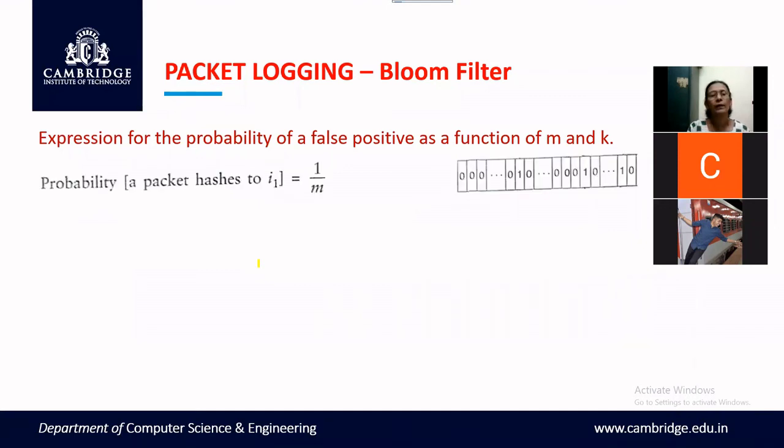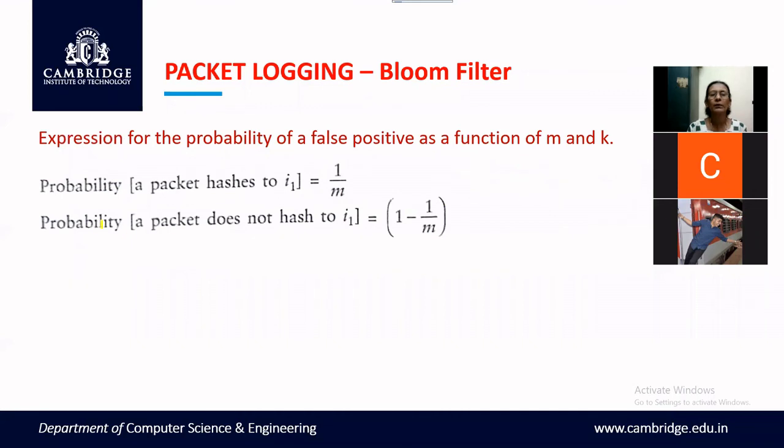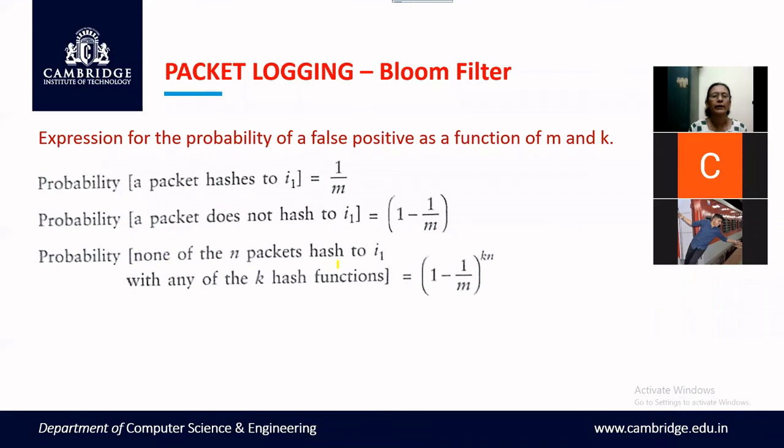How do you find the expression for the probability of a false positive as a function of m and k? The probability that a packet hashes to I1 is 1 by m. You have m bits of information, and you are going to write into any one of them. So it is 1 by m. The probability that a packet does not hash to I1 would be 1 minus 1 by m.